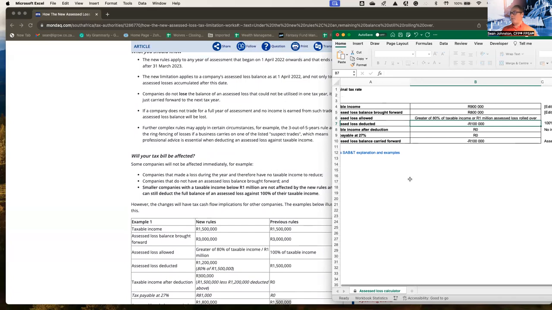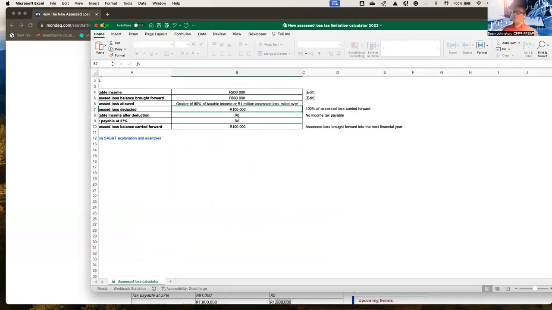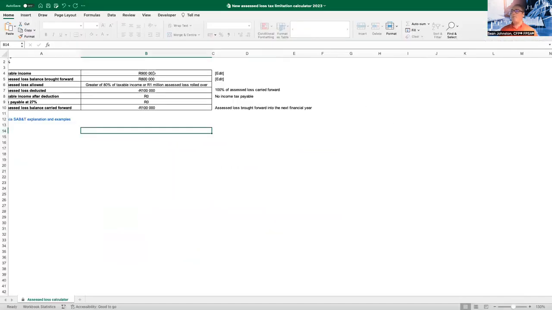It's just nice for you to know if you're doing some tax planning and you've got a company and you want to know if my turnover is over R1 million and I'm making certain assessed losses, let's say 1.2 million. Let's say let's make it 12 million and you've got 5 million. And now you do the calculation for the new year.